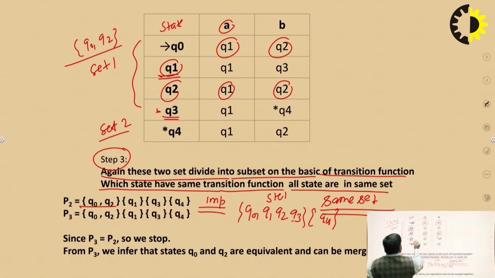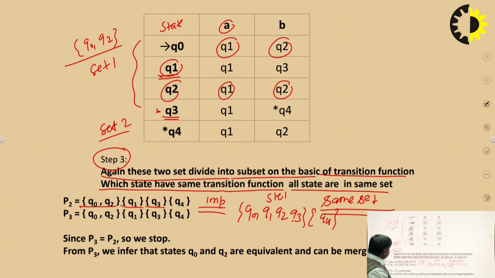Q3 from A is similar to Q1 and Q2, but from B it is different. It means Q1 and Q3 have different transition functions, so they do not lie into the same set. They lie into different sets. It means Q1 is again a subset and Q3 is again a subset.